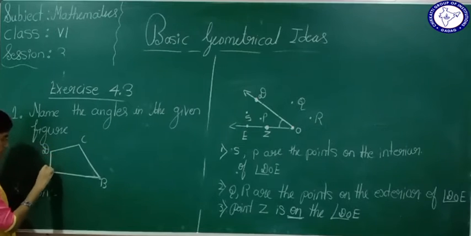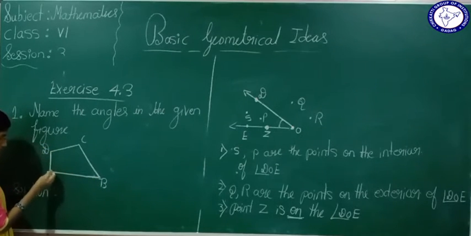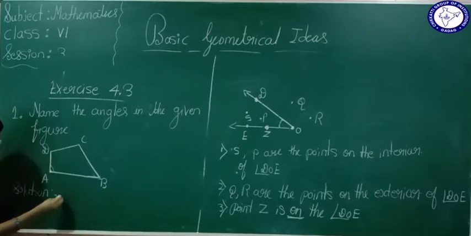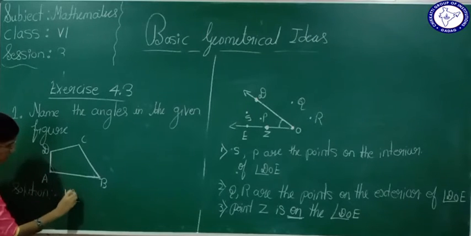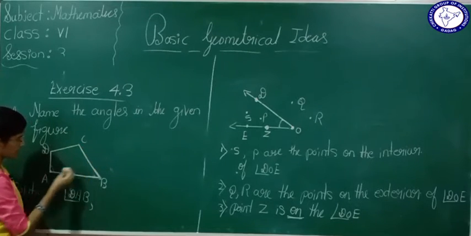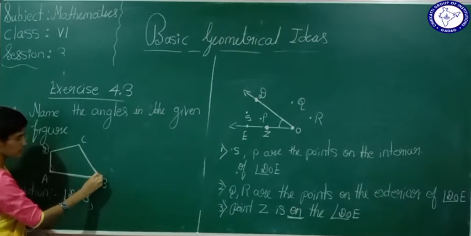Now see here. See this here, this line and this line are meeting at this point. Yes or no? Definitely they are going to form one angle here. What is that? Angle DAB. Again here this line and this line meet at this point. Yes or no?